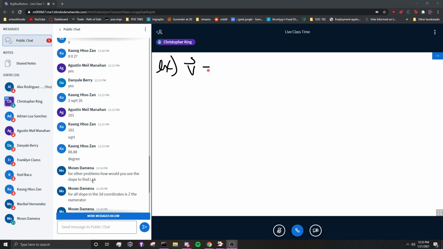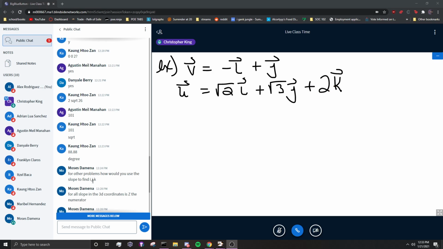So we're given that vector v is equal to -1 in the i direction plus 1 in the j direction. And then vector u is equal to the square root of 2 in the i direction plus the square root of 3 in the j direction plus 2 in the k direction. For part A, we're going to find the dot product first.